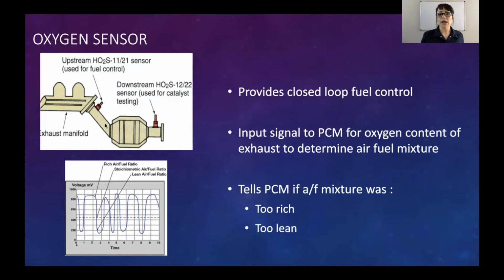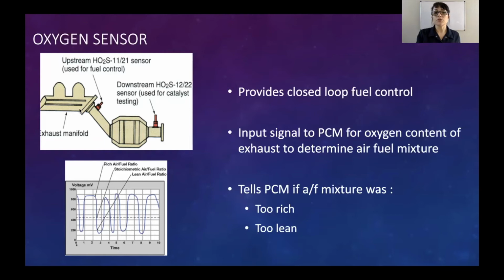Now, if we go down through here, this piece, it doesn't label it, but that's our catalytic converter. It's going to clean up our exhaust emissions. And downstream, we have another heated O2 sensor. Sometimes these are labeled sensor 1 and sensor 2. Sometimes they're upstream, downstream. The downstream O2 has nothing to do with how the engine is running.